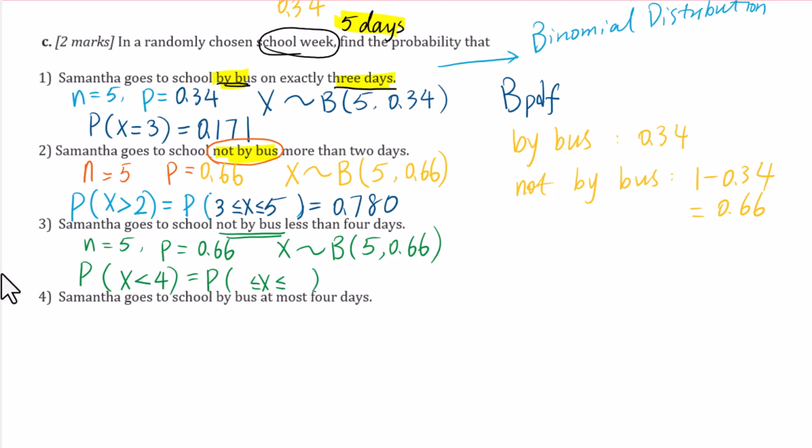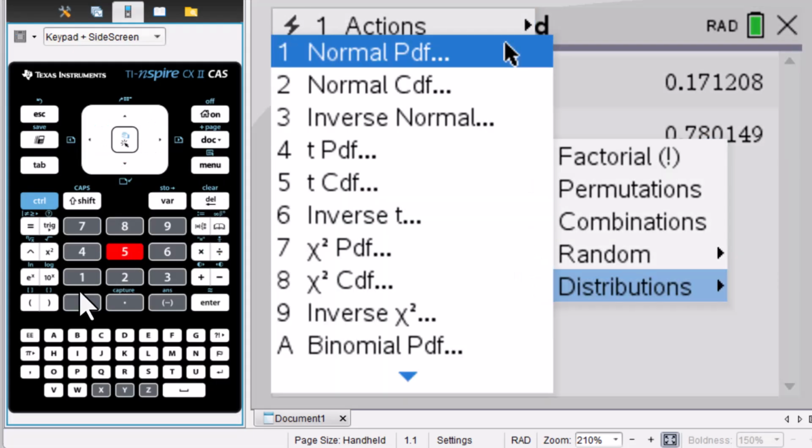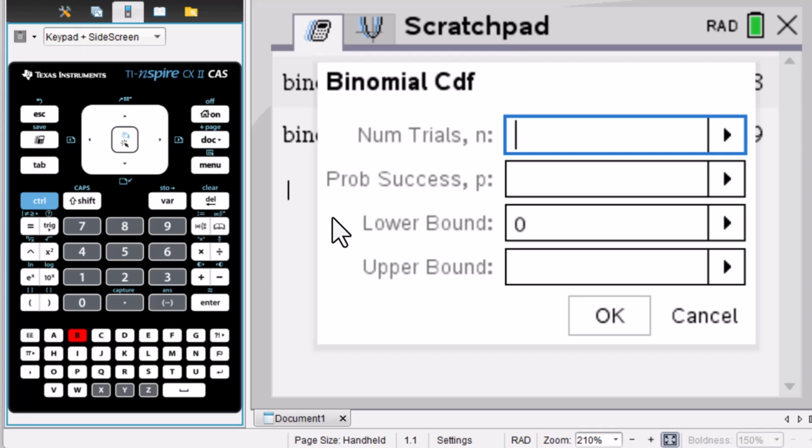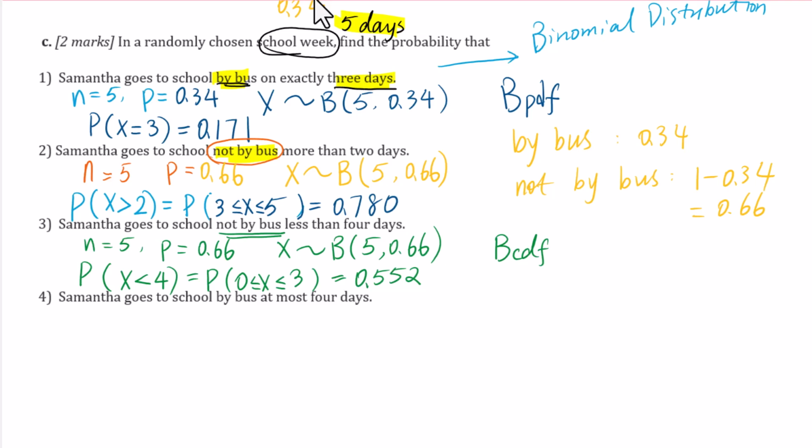X less than 4 means X less than or equal to 3, greater than or equal to 0. We will use binomial CDF. Menu 5, B. Binomial CDF 5, 0.66. Lower bound is 0, upper bound is 3. Enter, enter. 0.552.